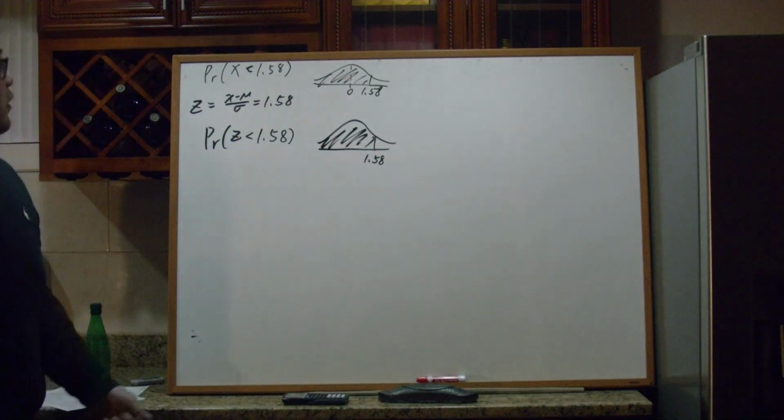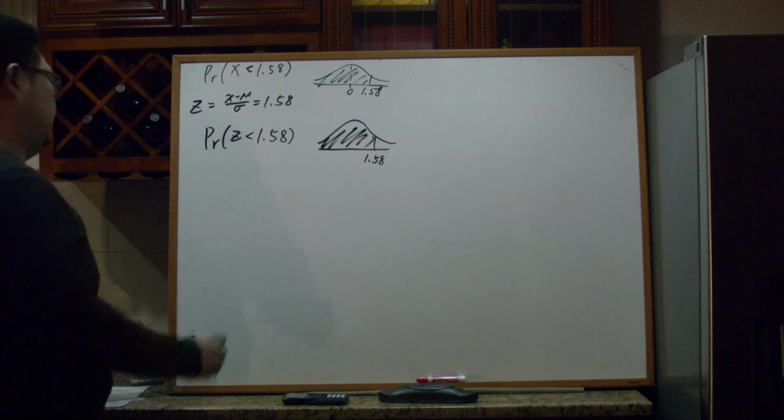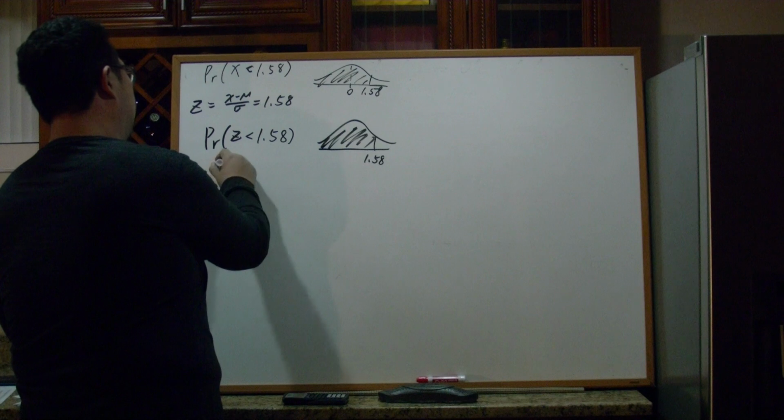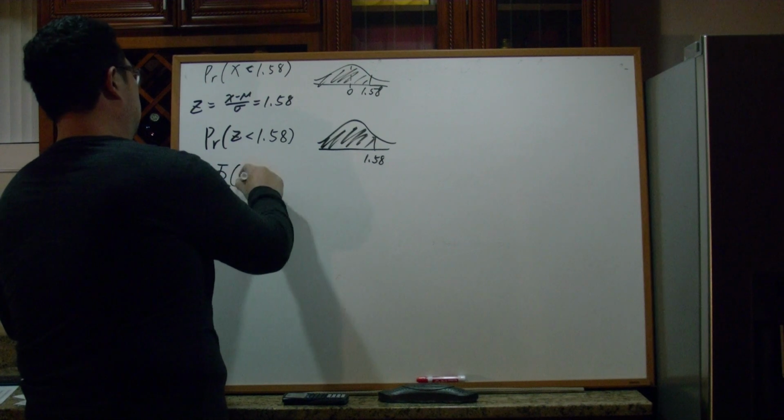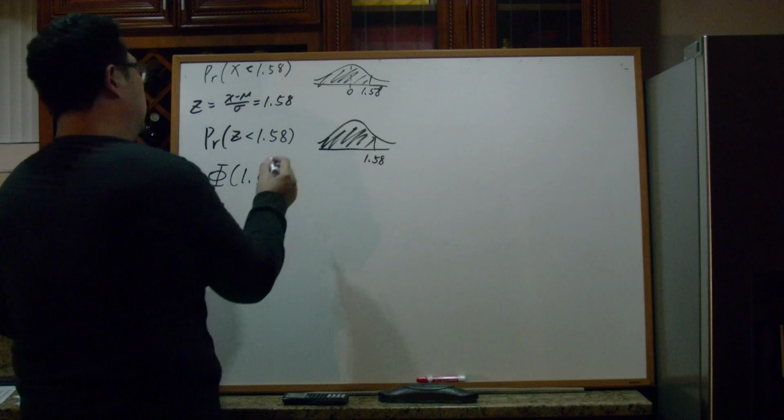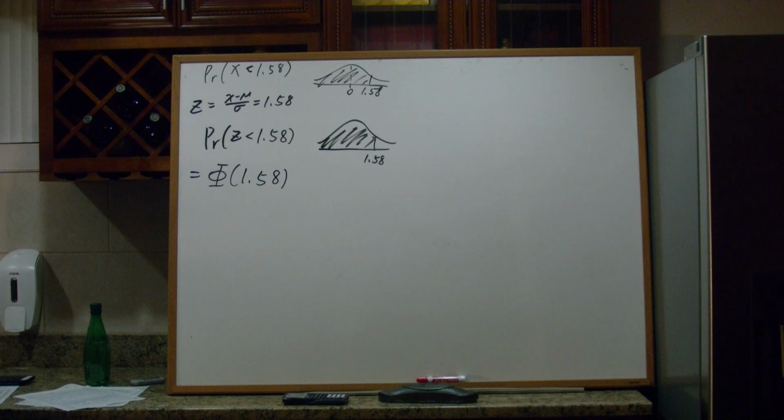And for the z-score of 1.58, that is the table value of 1.58. So the last question is how we get the table value.